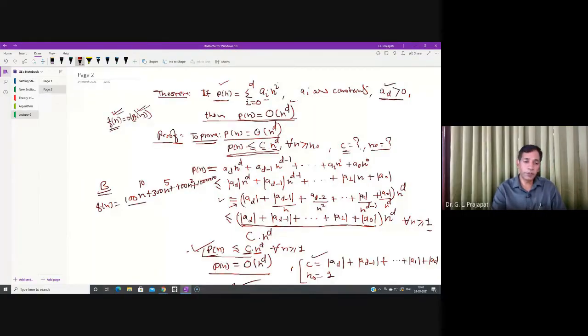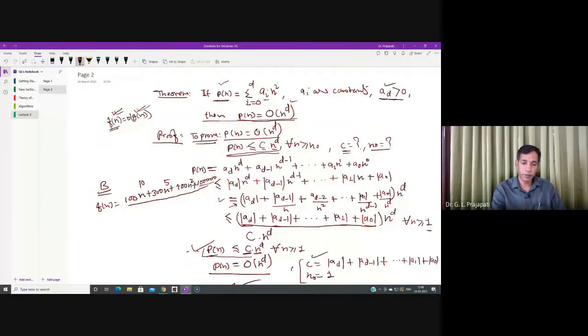Now you don't worry to determine the value. These are somewhat large coefficients, and this is a constant which is sufficiently large. So don't waste your time to determine what should be the C and n0.